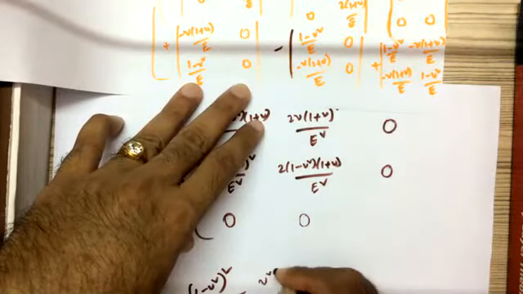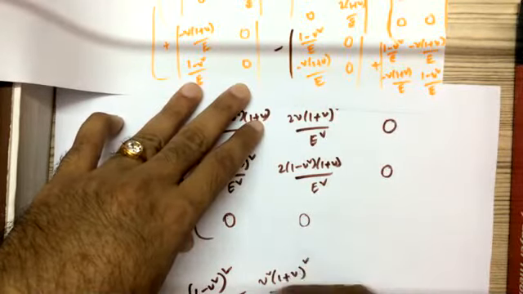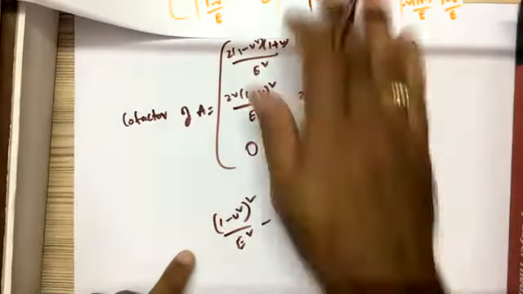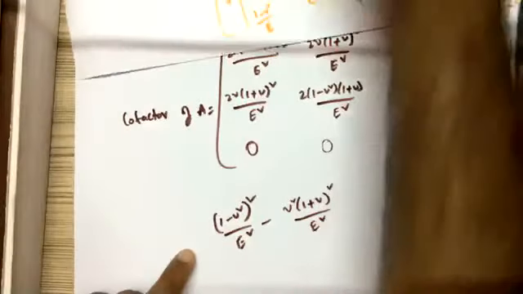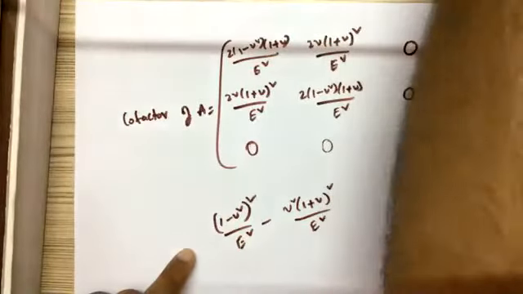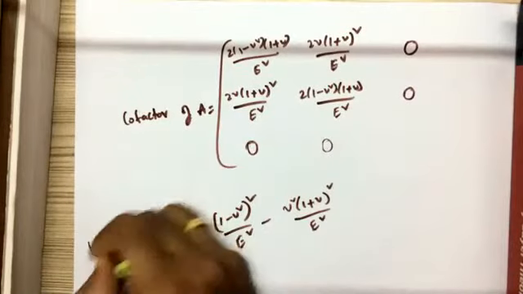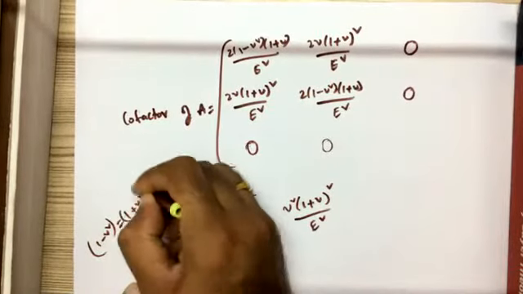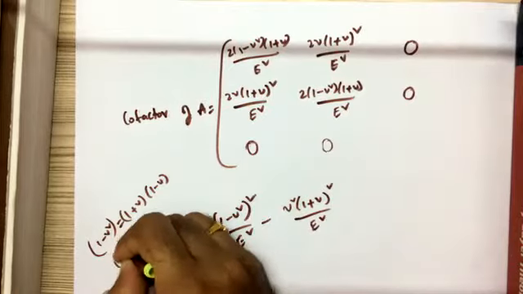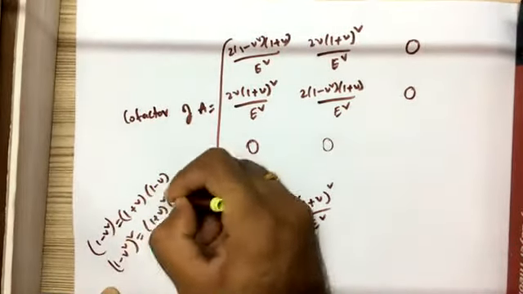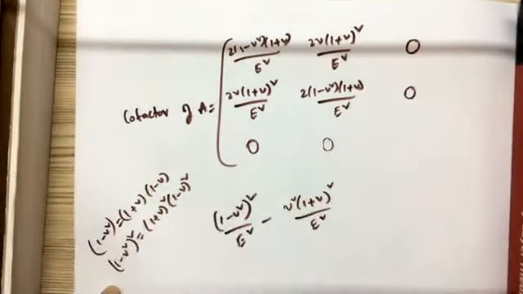Minus nu square into 1 plus nu whole square by E square. But just remember, you see here 1 minus nu square can be written as 1 plus nu into 1 minus nu. 1 minus nu square whole square can be written as 1 plus nu whole square into 1 minus nu whole square. Am I right?